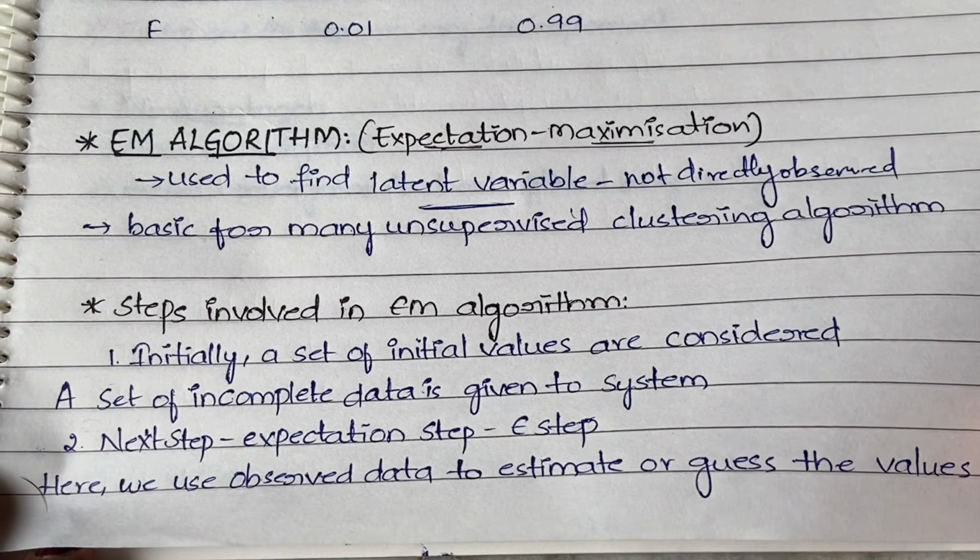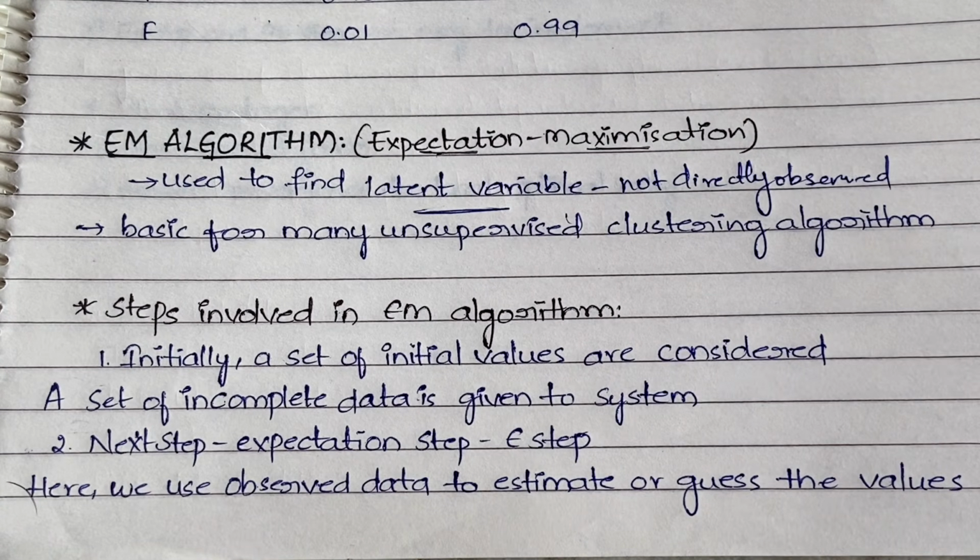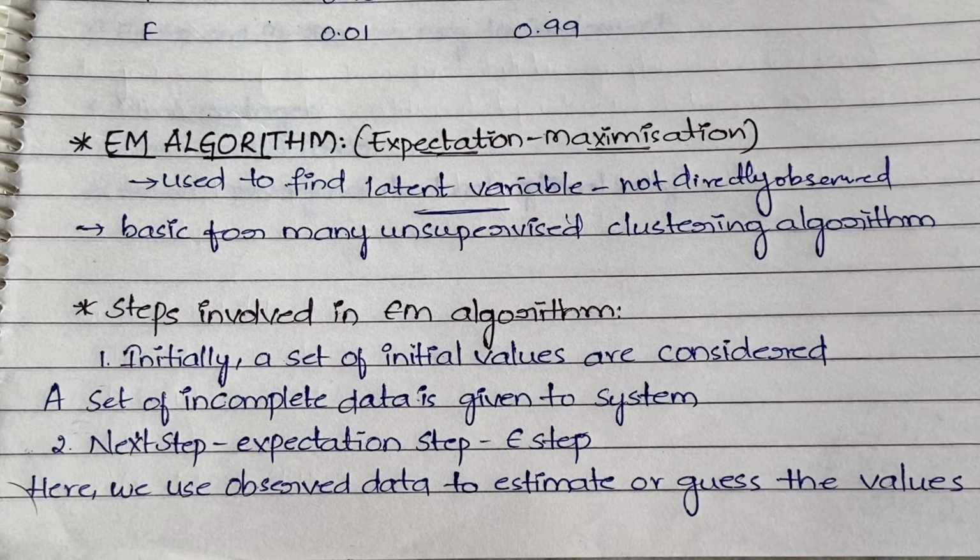Next, the second step is the expectation. EM means expectation maximization, right? So the second step is expectation, also called the E step. In this step you use already observed data to estimate or guess the values of the missing or incomplete data.